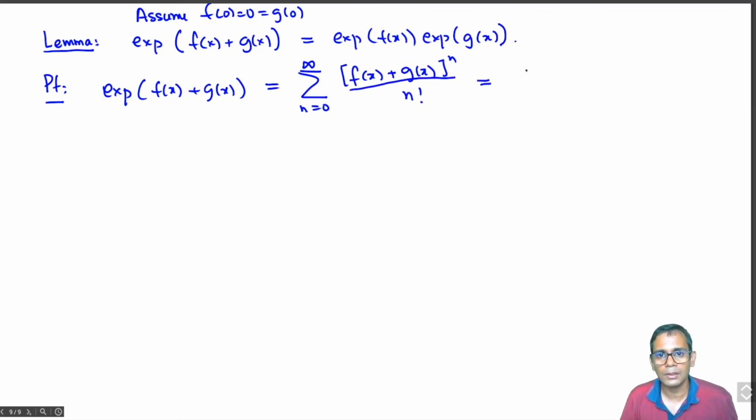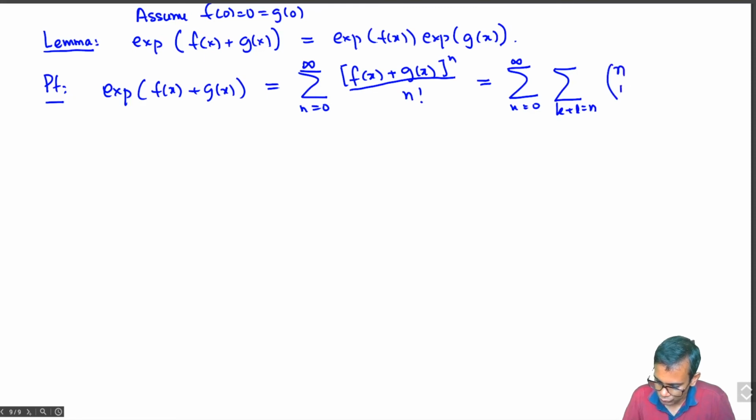But that's equal to the sum over n from 0 to infinity, and then the sum over k plus l equals n. We'll employ the binomial theorem, and we have n choose k, f(x) to the power k, g(x) to the power l, and then we still have divided by n factorial.